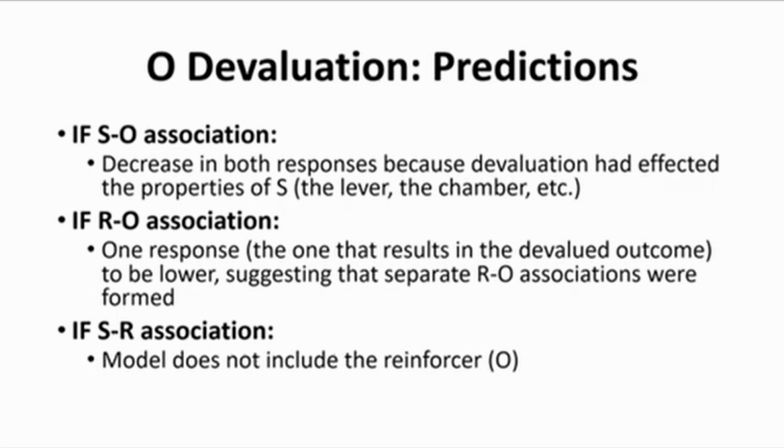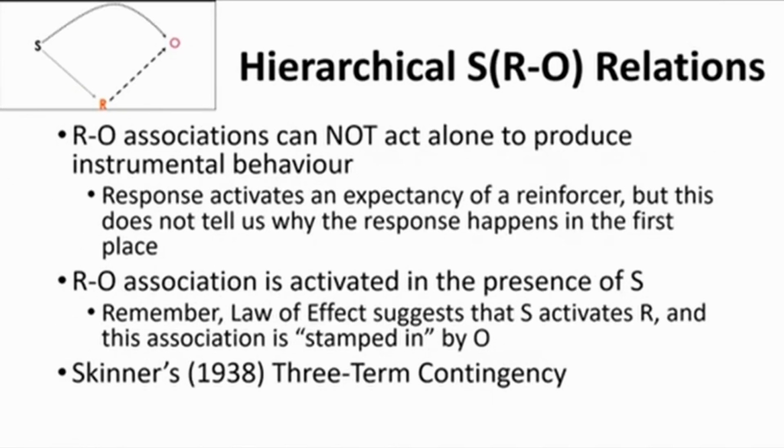And if it's just an SR association, then the reinforcer, that outcome, is irrelevant, and both levels of responding should stay the same even after the decrease in that reinforcer's value. And what we tend to observe is more like the RO association prediction, which tells us that there is some kind of RO association involved in our instrumental responses.